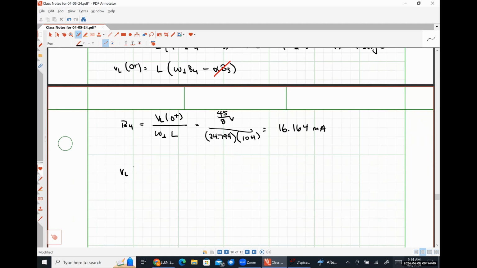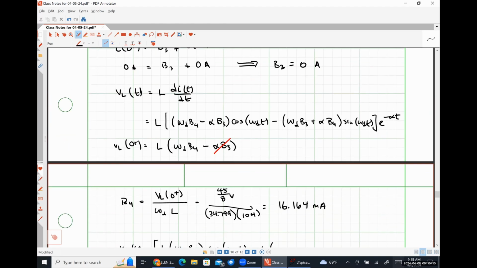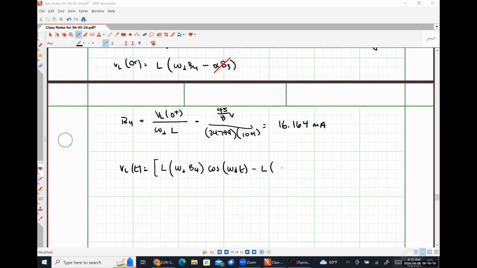So we're going to have L omega d B4 cosine omega d t minus, sorry, I put a 4 there, not an L, alpha B4 sine omega d t, e to the minus alpha t.